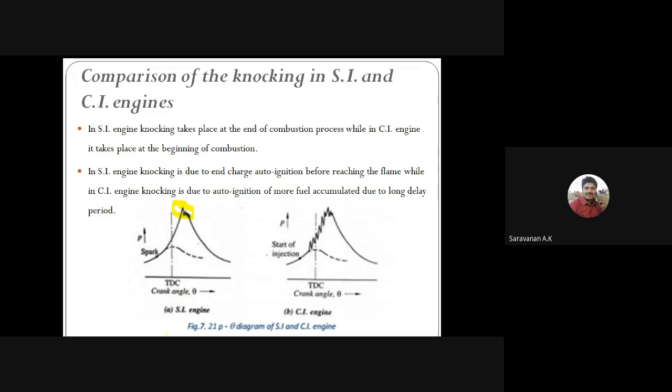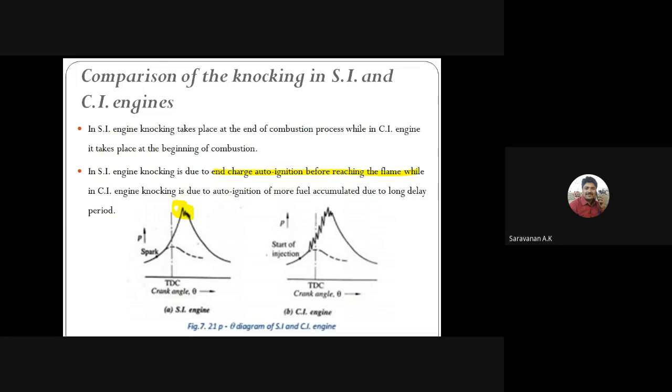If the end charge auto-ignites before the flame reaches it, that is called abnormal combustion in the SI engine, right?